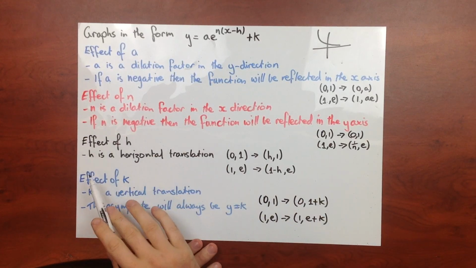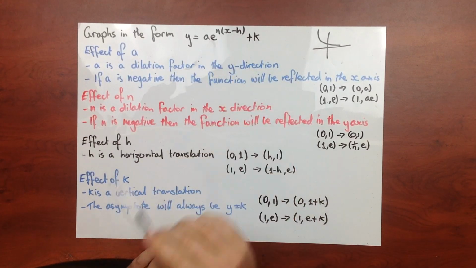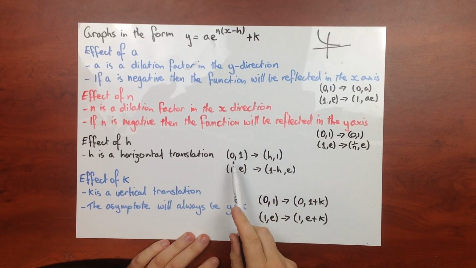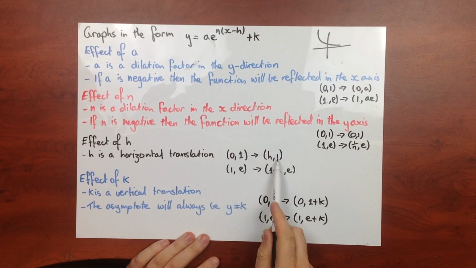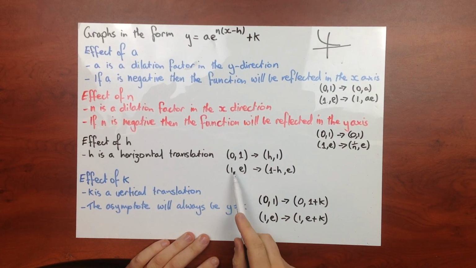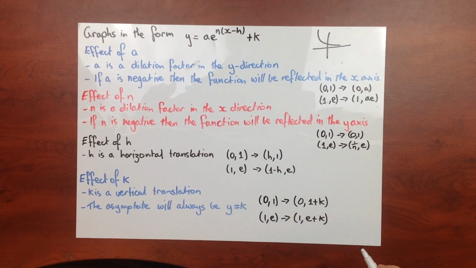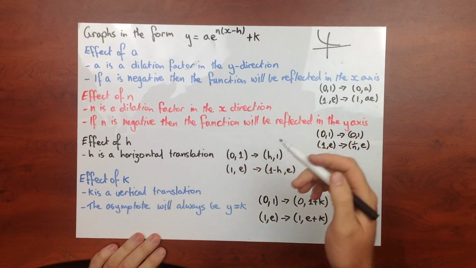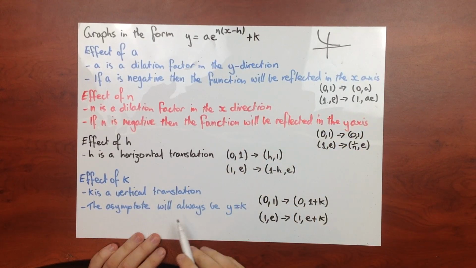If we have a look at the effect of h, h is our horizontal translation, as we usually expect. So the point (0, 1) becomes (h, 1), and (1, e) becomes (1 plus or minus h, e), depending on which way we go. Now k is a nice vertical translation, so it's going to move it up and down, and our asymptote will always be the line y equals k.